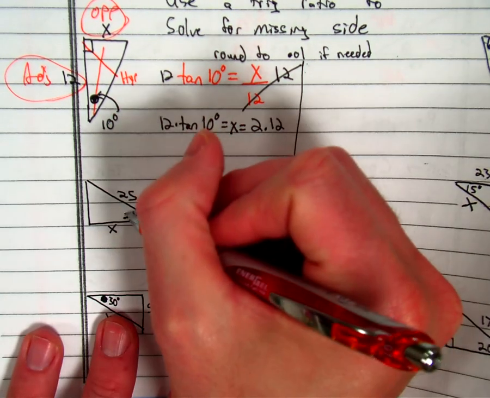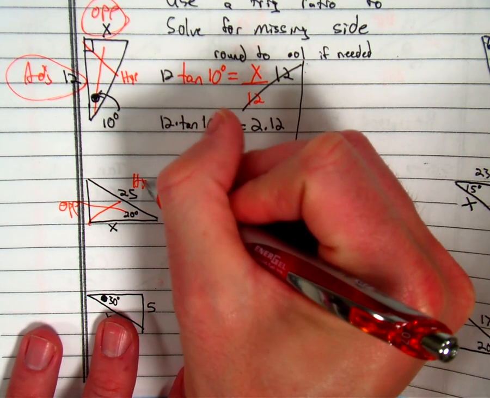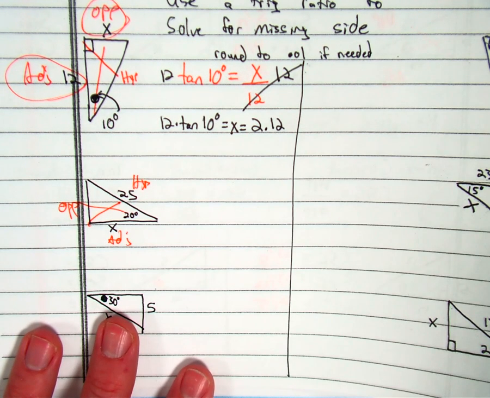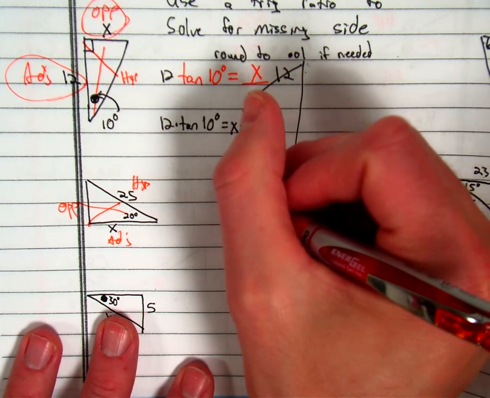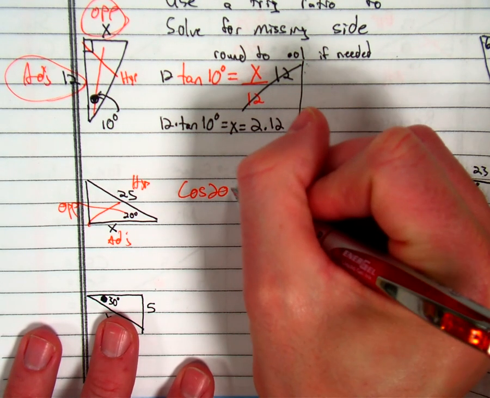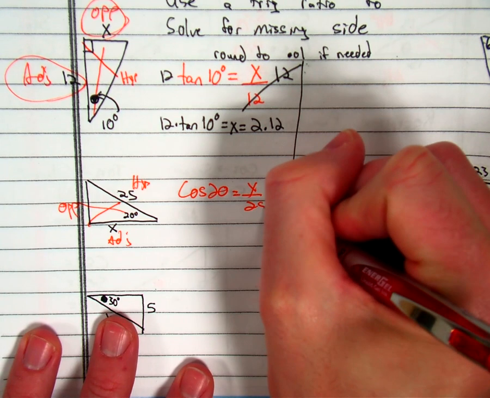Middle problem. Opposite is empty, nothing over there. Hypotenuse and adjacent. That's going to be cosine. Cosine of 20 equals x over 25.